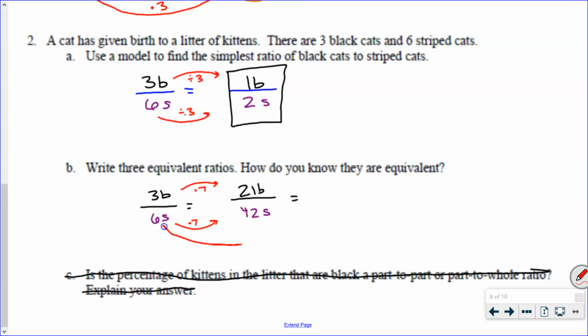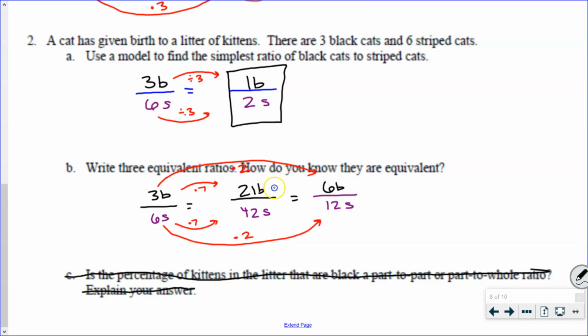This time, maybe I'll go with a lot smaller number and just multiply by 2. 6 times 2 is going to be 12 striped cats. And since I multiplied the bottom by 2, I'm going to make sure that I multiply the top by 2 as well. 3 times 2 is equal to 6 black cats.